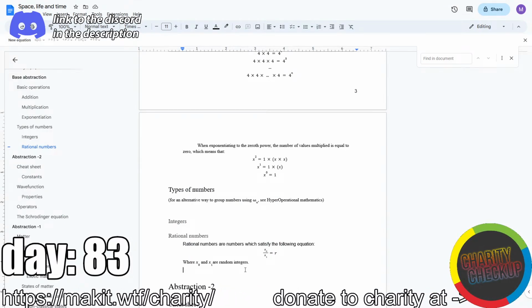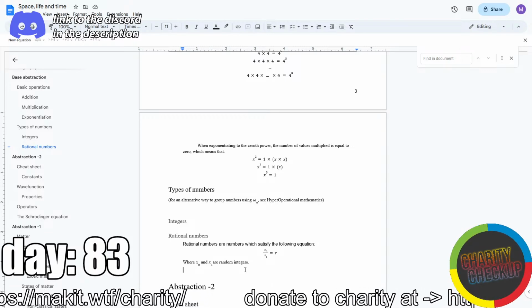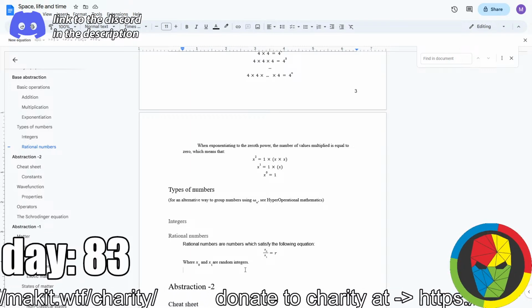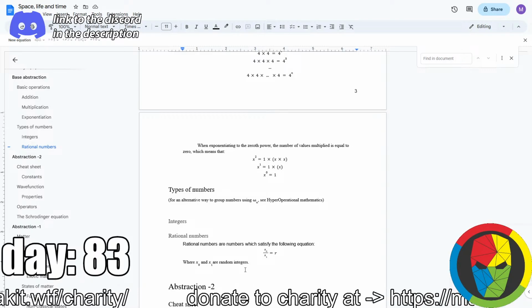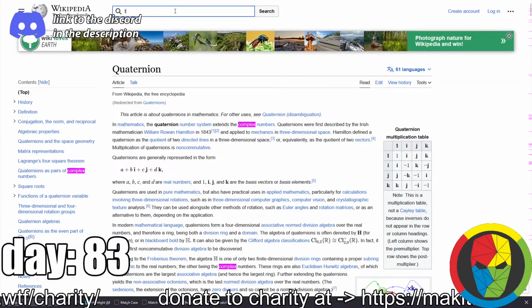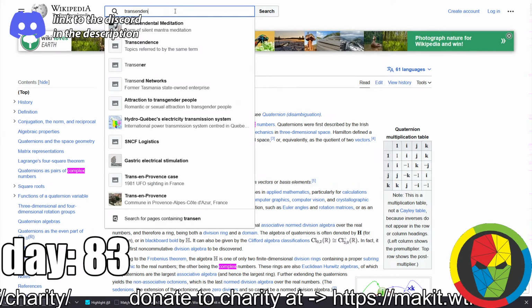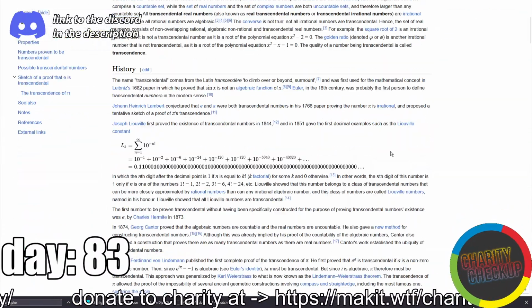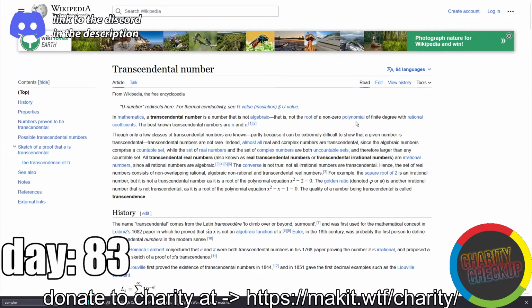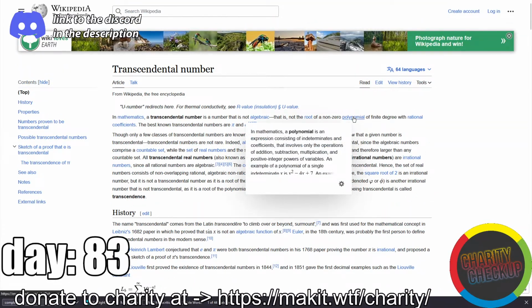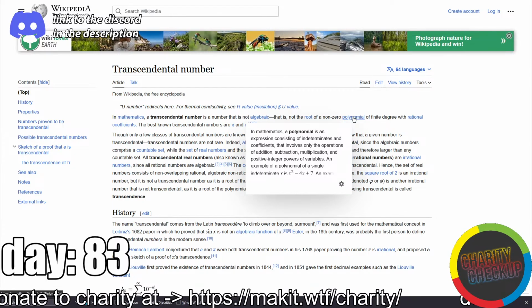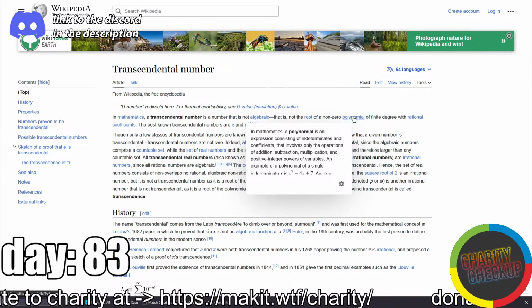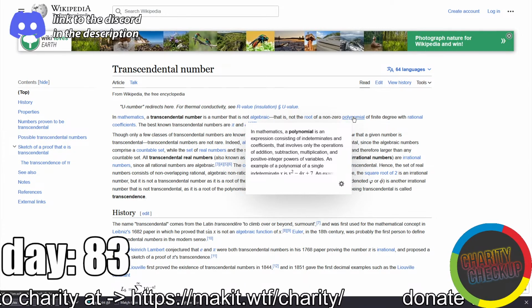Transcendental numbers are numbers that can be written down as x to the power n plus x. Am I going crazy? Transcendental. Yeah, polynomial. Polynomial! That's the word I was looking for. Wow, I am losing my mind here.